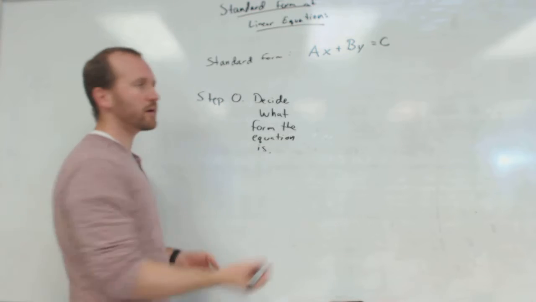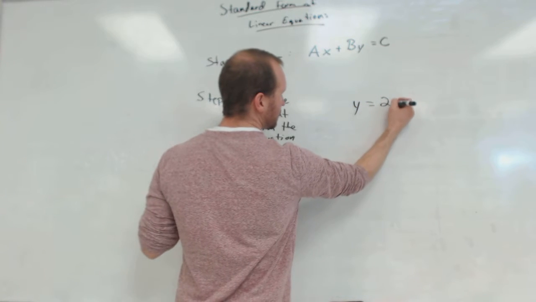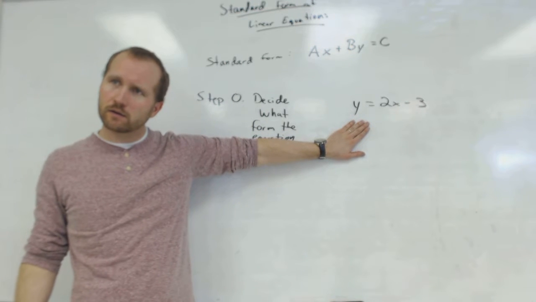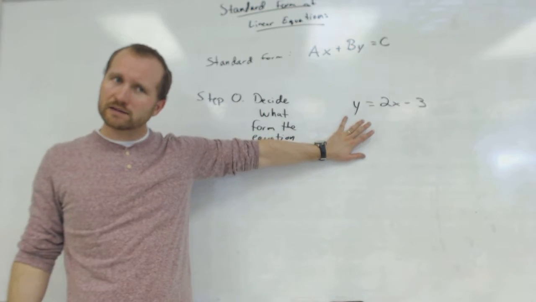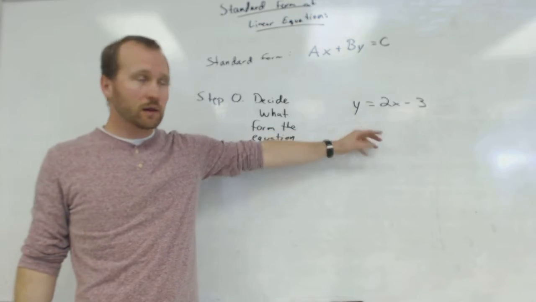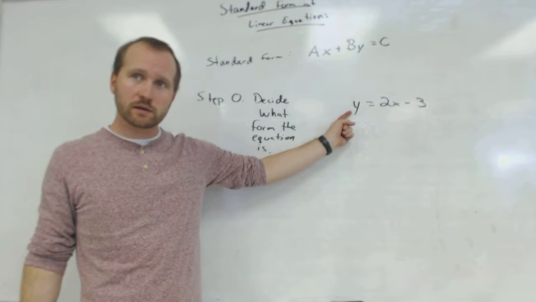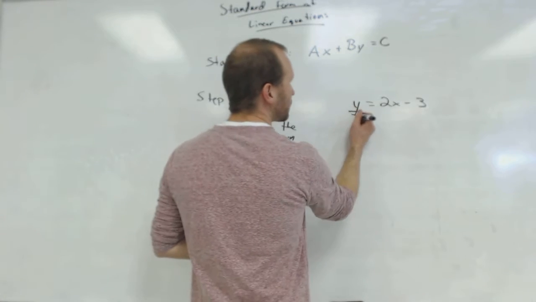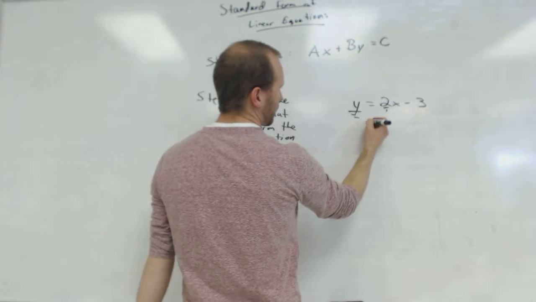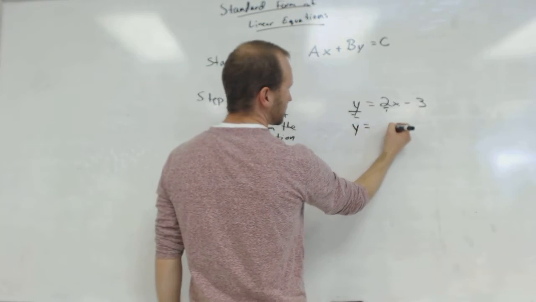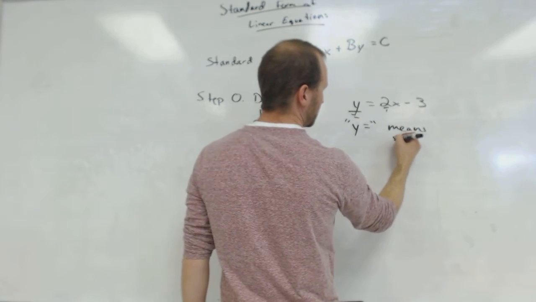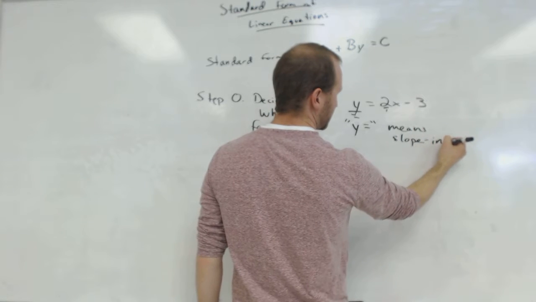So for example, if I had y equals 2x minus 3, what form is that equation in? Is that standard form? No, that is slope-intercept form. When I have y equals, it's slope-intercept. And that's when I use the -3 and the up 2 over 1 trick. Right? So y equals means slope-intercept.